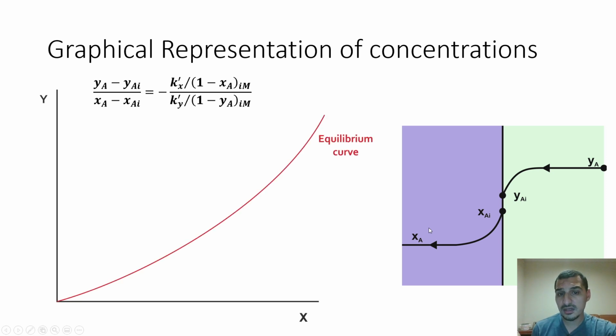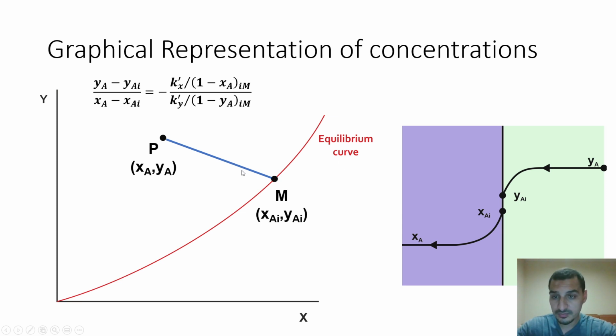So we can represent this graphically on the graph of y versus x. We have two points, YA and XA, and YAI and XAI. YAI and XAI are in a state of equilibrium, so the second point should be on the equilibrium curve. This is a straight line equation, so the slope is this.